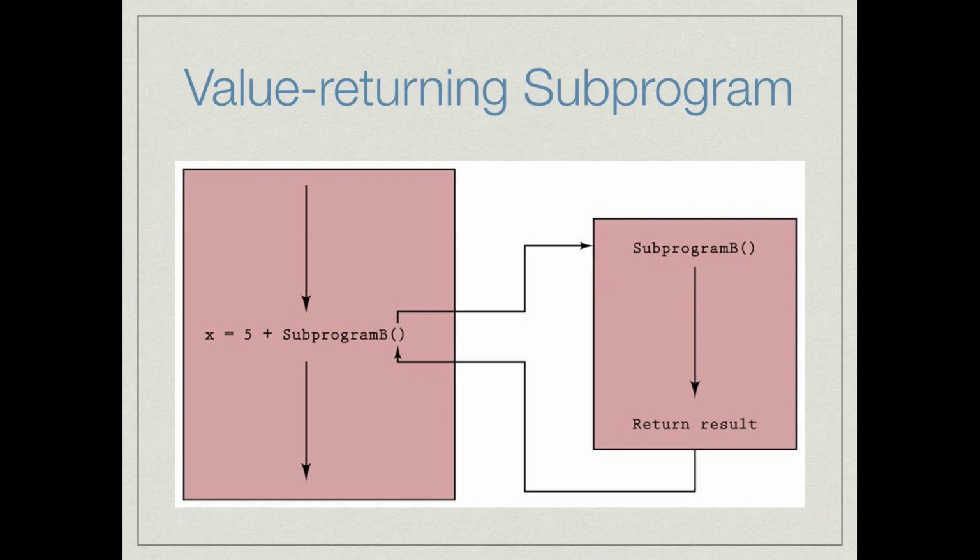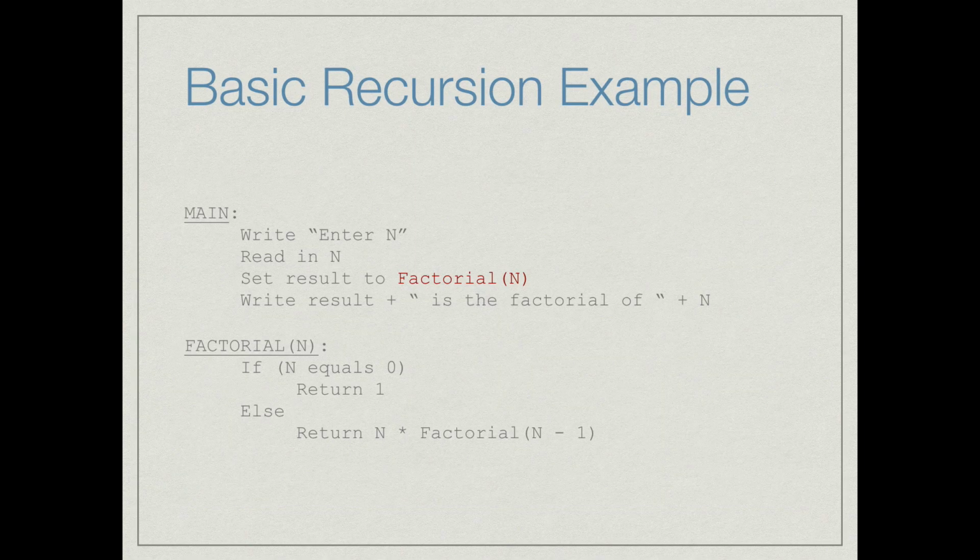It is these two concepts, a void returning program versus a value returning program, that form the basis of our understanding of recursion. One common example for recursion is the factorial.